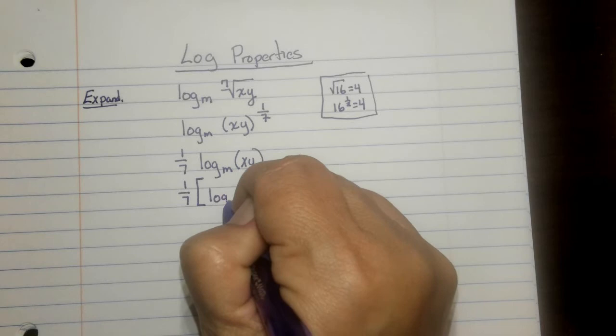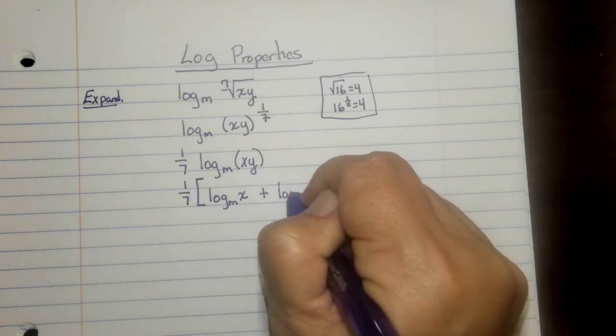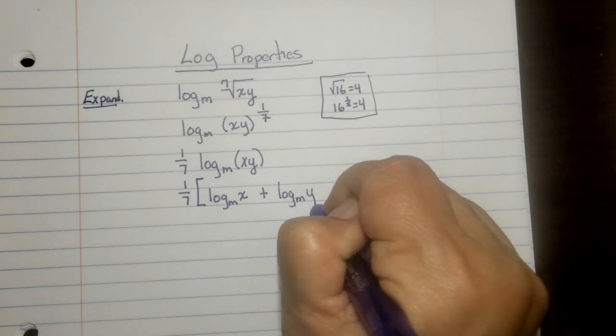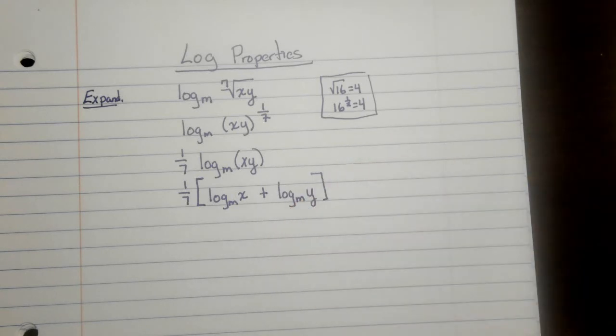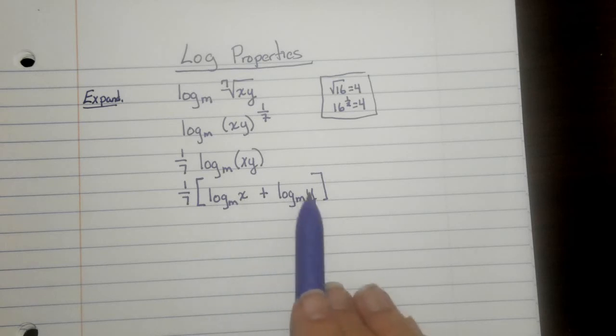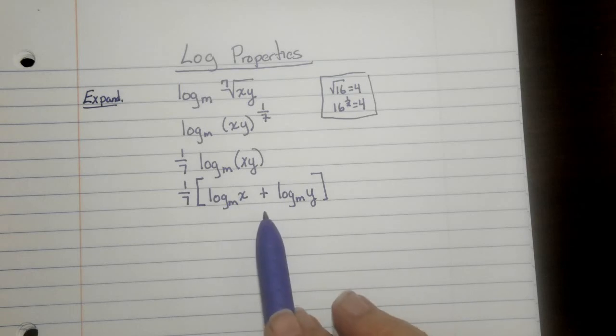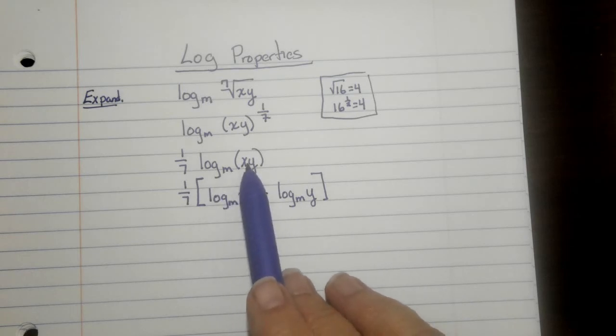This is log base m of x added with log base m of y. So when we have the log of two things being added, this was called our product rule. It's the log of the two addends being multiplied.